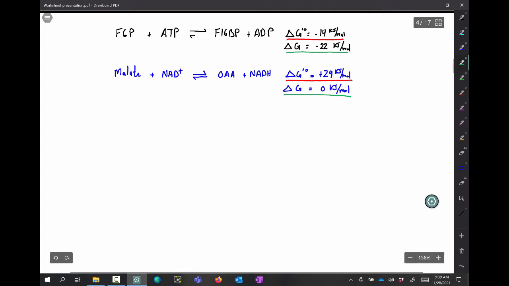We can generalize this to any other reaction. We can say that the ending point of a reaction will be at KEQ.